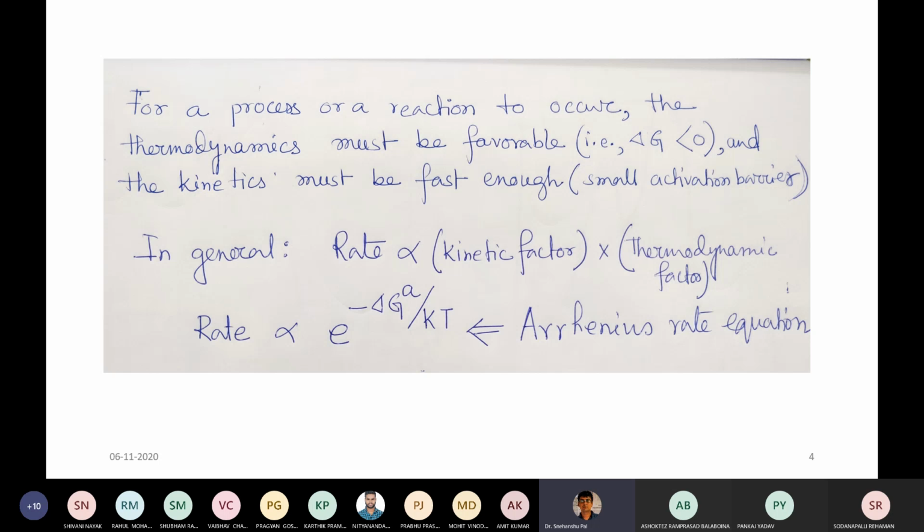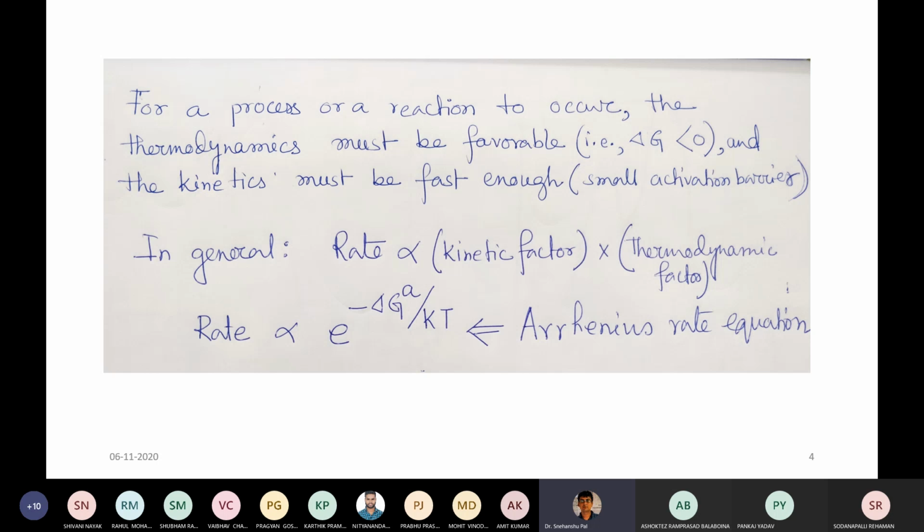So in general, the rate has two factors. One is the kinetic factor, one is the thermodynamic factor. Although we know that thermodynamics does not talk about how the process is going to occur, it always talks about the initial and final state, still the feasibility criteria is important in order to predict the rate.